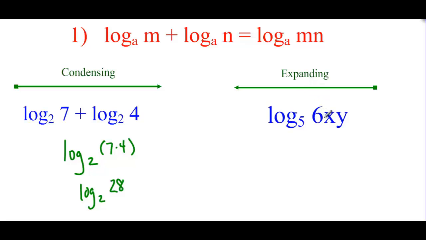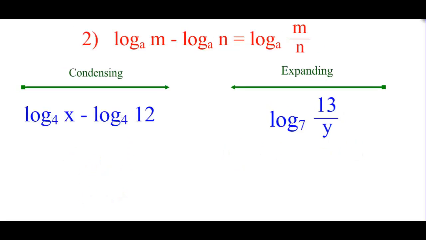I am multiplying the 6 times the x times the y. So the rule is very generic. It always shows you two things, but we now have three things multiplied together. That doesn't change anything. This would be log base 5 of 6 plus log base 5 of x plus log base 5 of y. Anything multiplied together we separate with a plus.